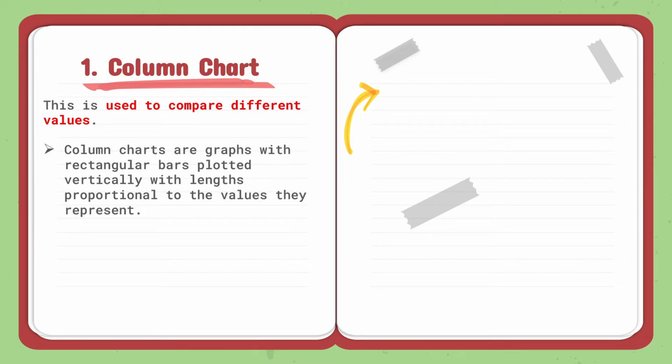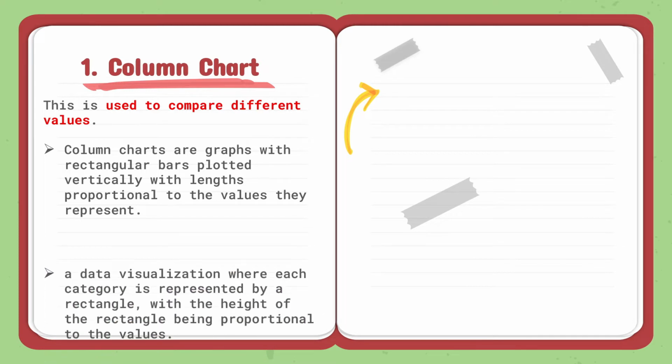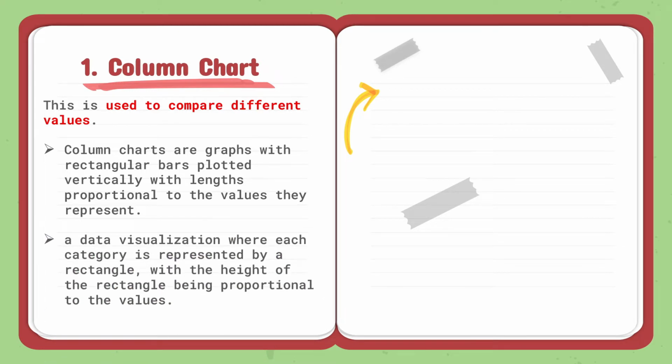Column charts are graphs with rectangular bars plotted vertically with lengths proportional to the values they represent. It is a data visualization where each category is represented by a rectangle with the height of the rectangle being proportional to the values.